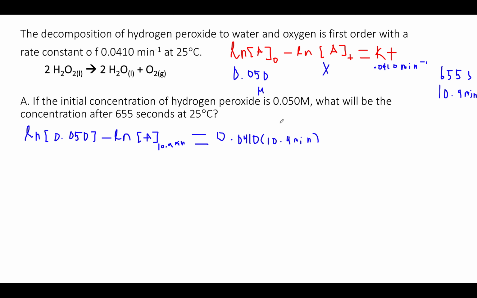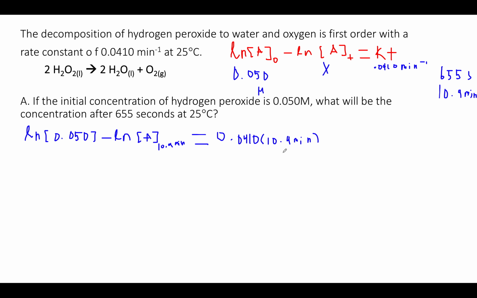So what I am going to do here is find the natural log of 0.05 molar. The natural log of 0.05 molar is negative 2.99. I'm going to add that to the right side.